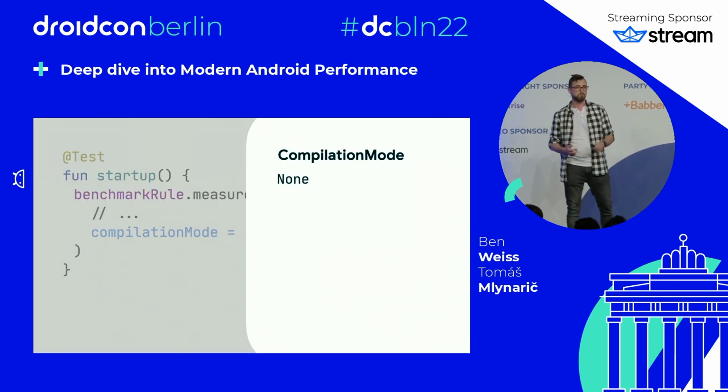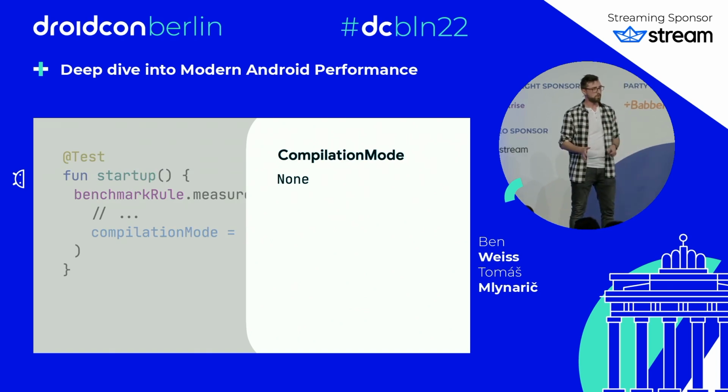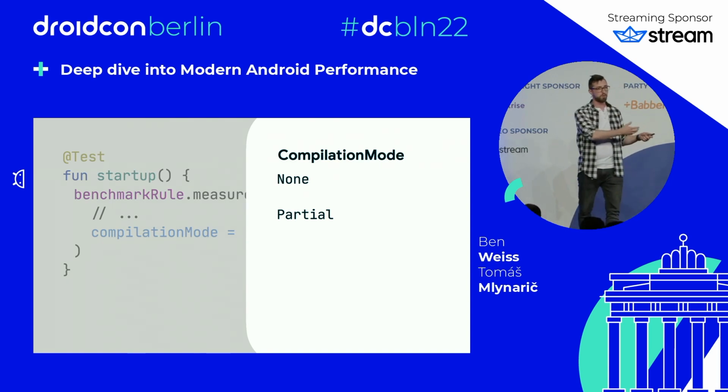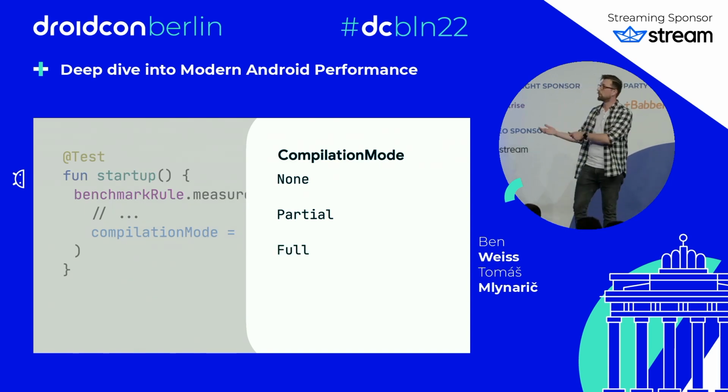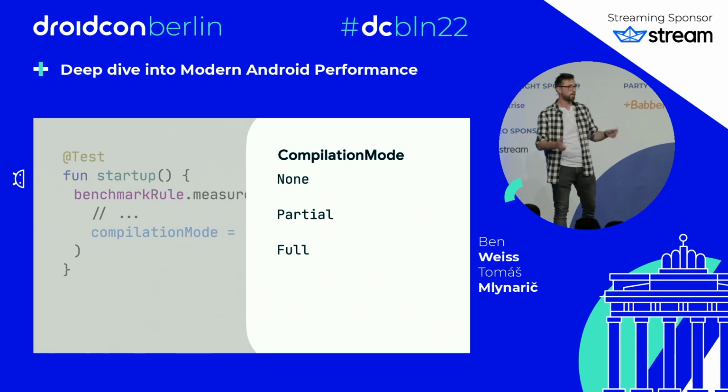Compilation mode allows you to specify three things. Either it's none, which means there's no pre-compilation into machine code, no ahead-of-time compilation happening on the device. Then there's partial, which will pre-compile the application based on the rules we specified with the baseline profile. And then there's full, which will fully pre-compile your application into machine code.